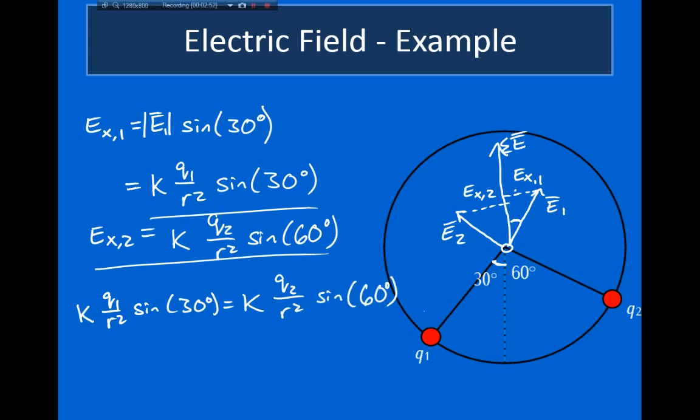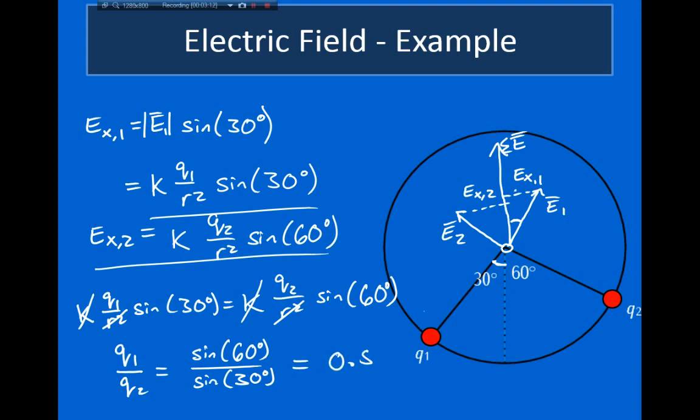And if we do that, we can see that the k's will cancel, the r squareds will cancel, and then if I solve for q1 over q2, I can see that that is going to be equal to sine of 60 degrees divided by sine of 30 degrees. And if I plug that into a calculator, I see that this is equal to 0.577.